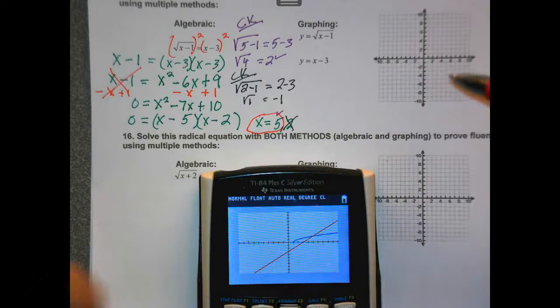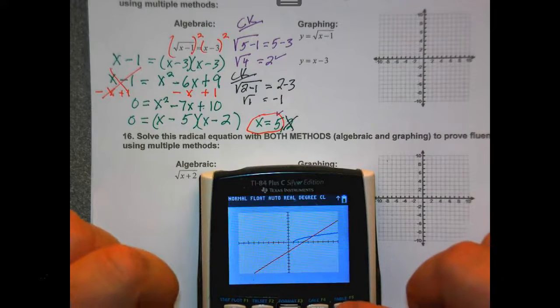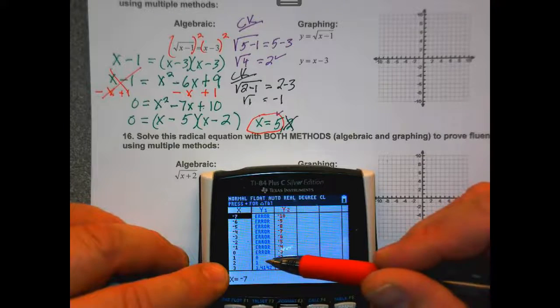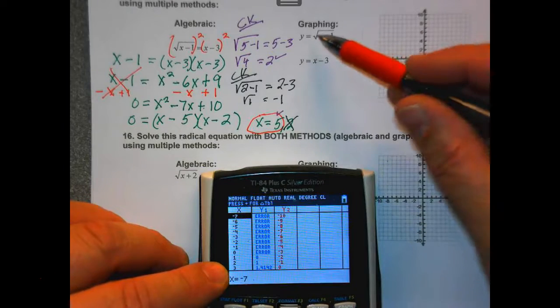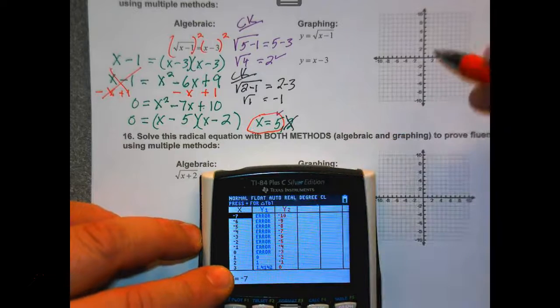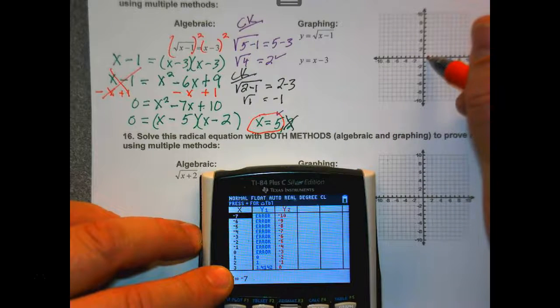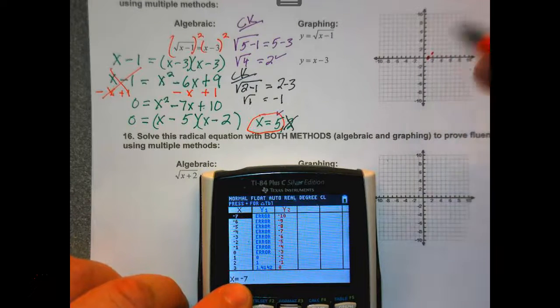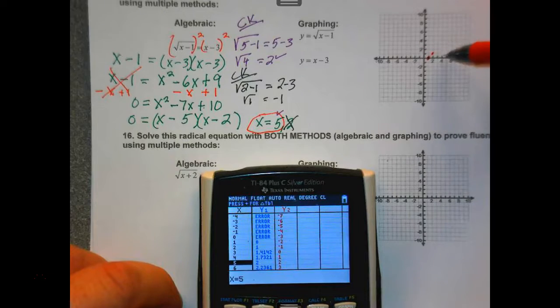Okay, let's draw them on our graph. Go to our table. My radical graph here starts at 1, 0. Then I have 2, 1. And I need another whole point: 5, 2.